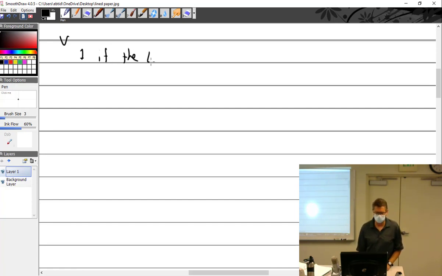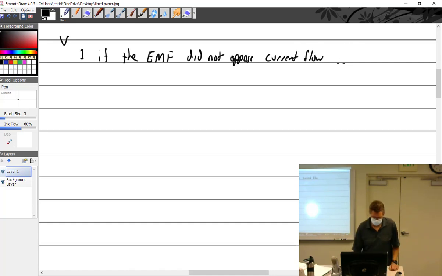If the EMF didn't do what it did, which is it opposes the current flow, so if the EMF did not oppose current flow, and instead helped it, we would have runaway current.